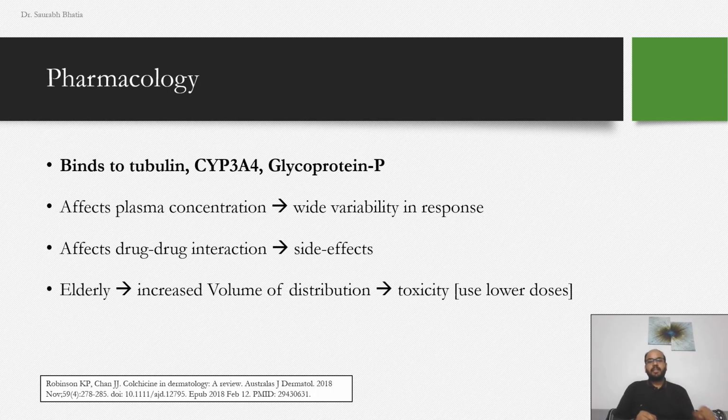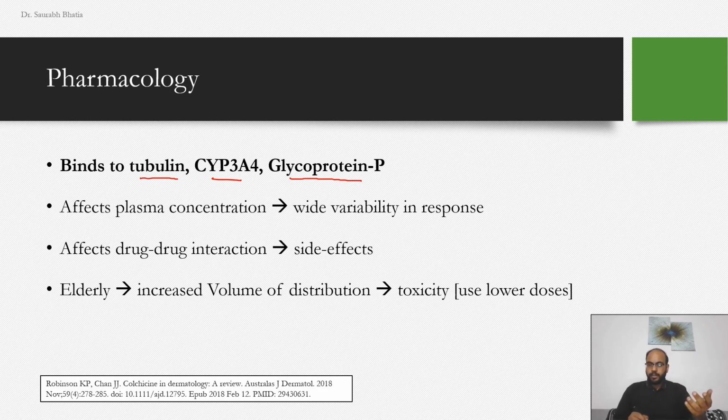The way colchicine acts is by binding to the microtubule architecture in the cytoskeleton, along with binding to CYP3A4, and binding to P-glycoprotein. So if you want to write a note on the mechanism of action of colchicine, you have to mention that majorly it acts by binding to tubulin and microtubule architecture, but it also binds to CYP3A4.